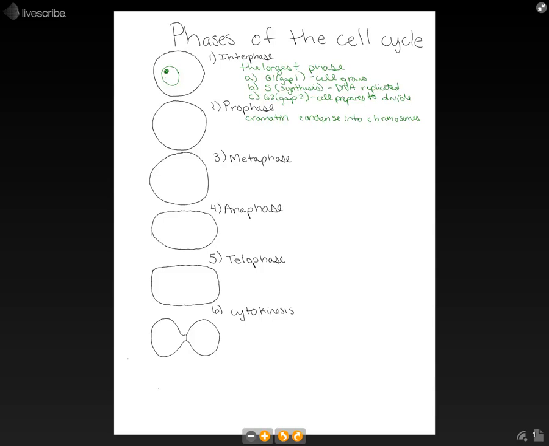We're also going to have the nucleolus dissolve or disappear, essentially. The nuclear membrane dissolves.